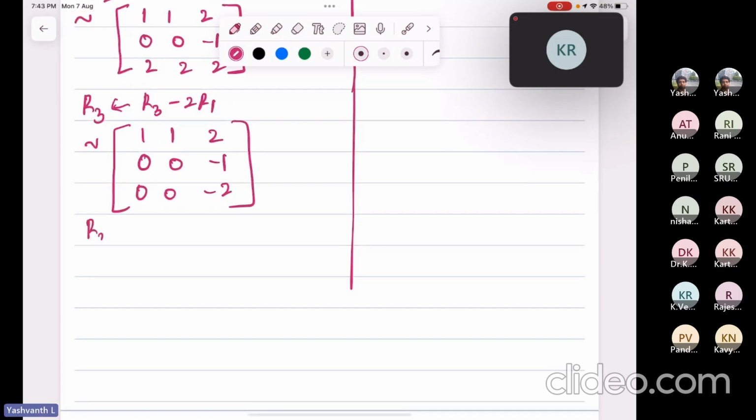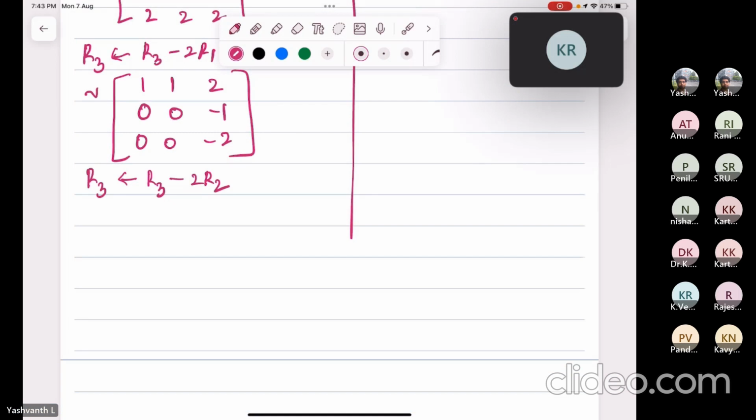Now R3 becomes R3 minus 2R2, then you get 1 1 2, 0 0 minus 1, 0 0 0.